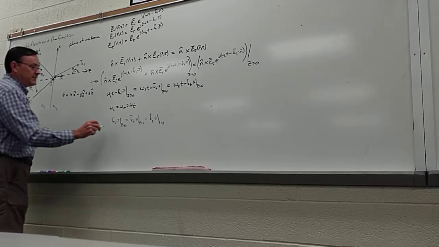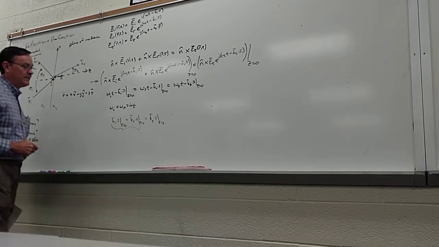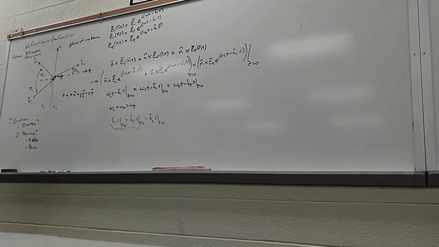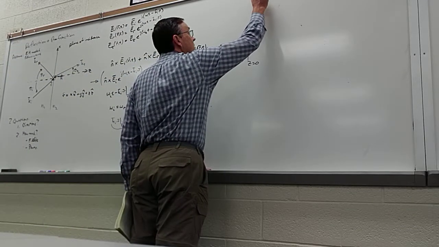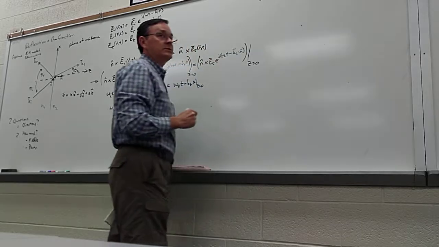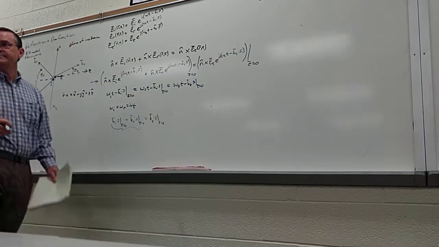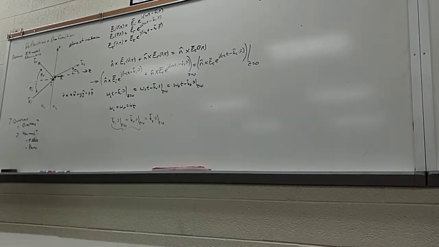So let's take the first thing here and look at it. What is k_i, just looking at our diagram? What's its magnitude going to be? Magnitude's 1 because it's a propagation vector along k hat.